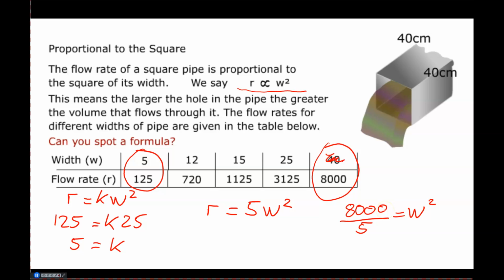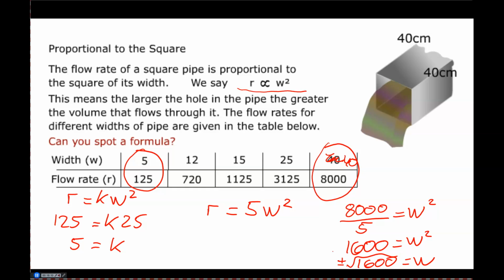And then, so 8,000 divided by 5, I really should better do that in my head, but I can't today. Gives us that, but that is W squared, so we need to square root that to get our W. Now you should have a plus and a minus there, but because we're actually dealing with a width, it's only going to be the positive, hence the 40.